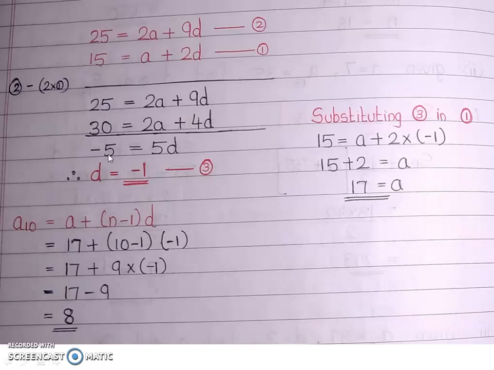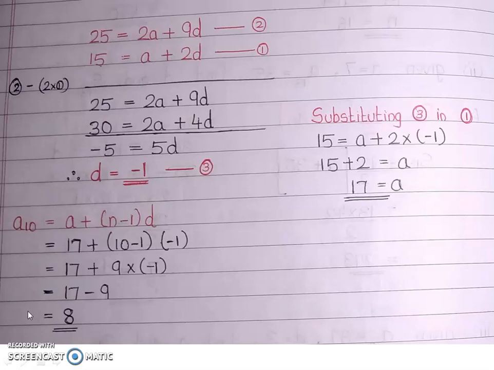Subtracted, I will get minus 5 is equal to 5D. So D is equal to minus 1. Substituting this value in any of this equation, I will get A equal to 8. Sorry, A equal to 17. Substituting D equal to negative 1 in any of these two equations, I will get A equal to 17. Now I got A equal to 17 and D equal to minus 1.